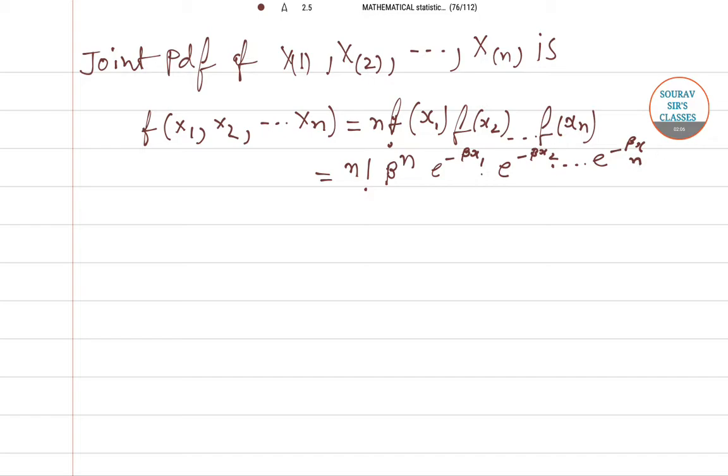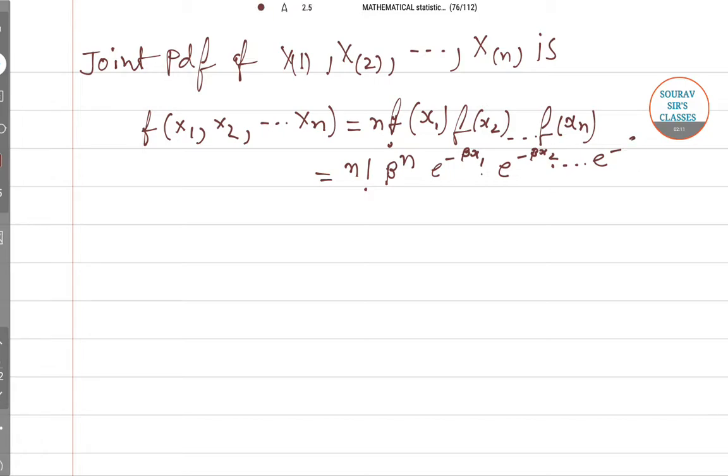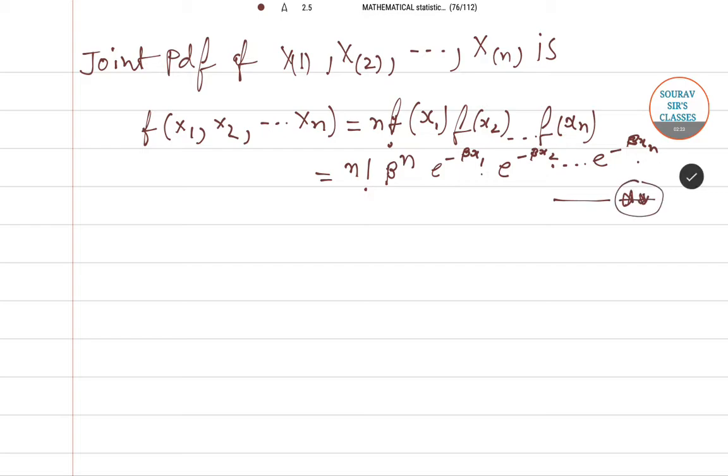So now if you solve it, it will be e to the power minus beta times the sum of the xi. If you solve it further, I will label this equation with a star. This equation is needed later.